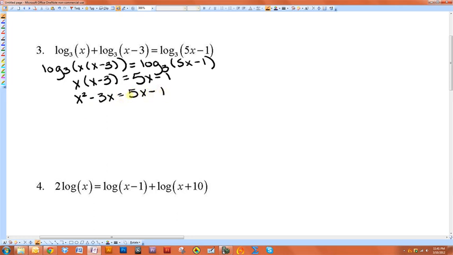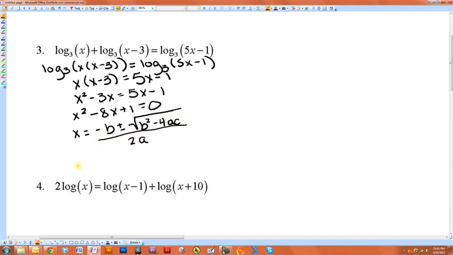Okay, so we have this quadratic. Let's subtract 5x and add 1. So x squared minus 8x plus 1 equals 0. So the quadratic equation is the opposite of b, plus or minus the square root of b squared minus 4ac, all over 2a.